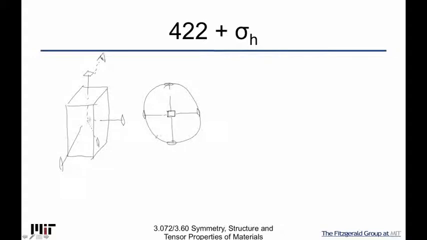But I would also see them coming at 45 degrees because of this one that's coming out the edge. So I would see a lot of twofold axes. Like that. And that's our 422 symmetry-wise.